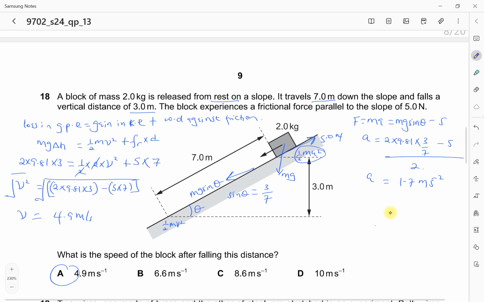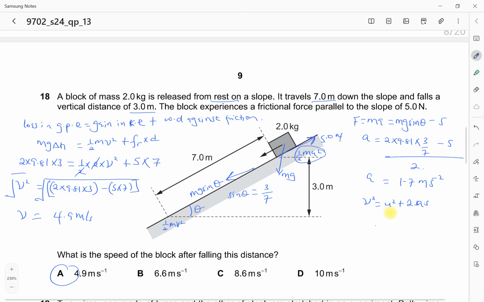If we assume that there is no air resistance, then the acceleration is constant, so the equations of motion work. I will use v squared equals u squared plus 2as, along the plane, where s is the distance along the plane.